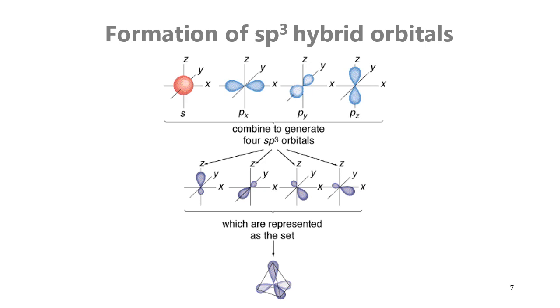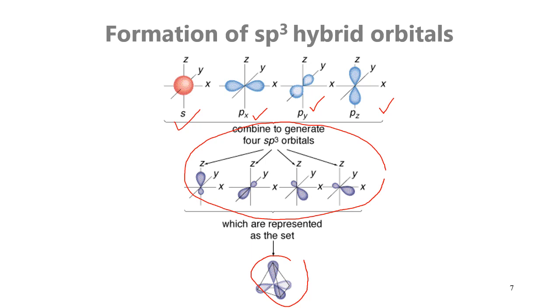This is how you draw the orbital. At first, all single orbitals are drawn like this, as px, py, and pz. These four orbitals are combined to generate four sp3 orbitals. So these are all four sp3 orbitals, and then we combine them together to become a set like this.